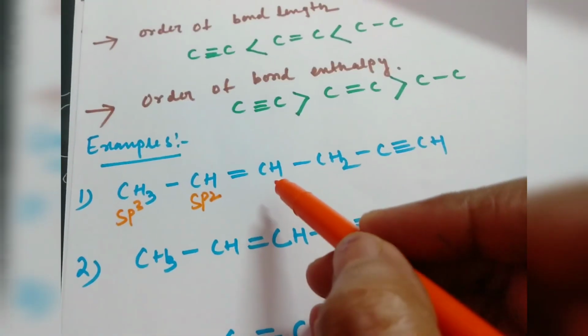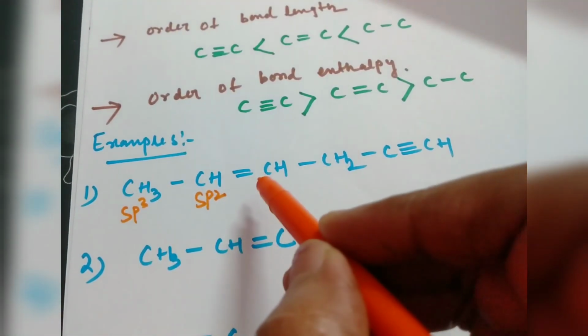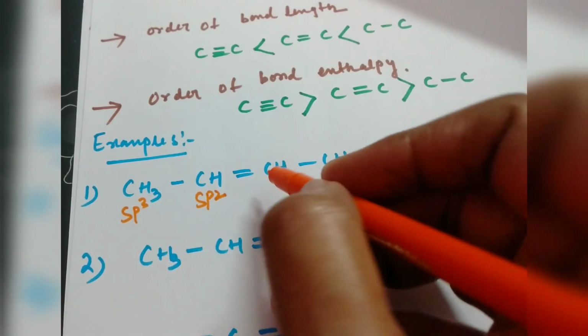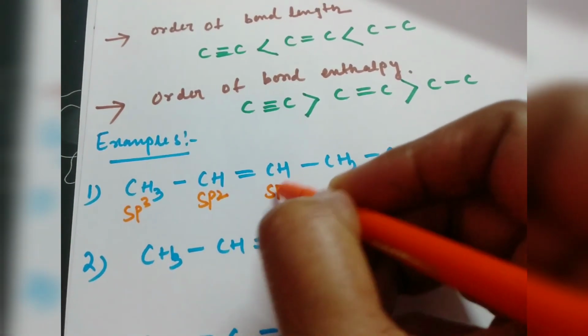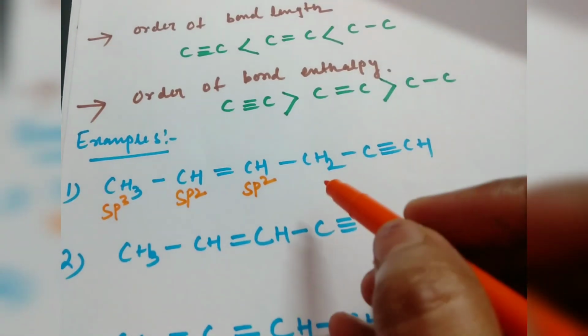Then again, this carbon has a single bond, but on the other side there is a double bond, so this carbon CH is sp2.